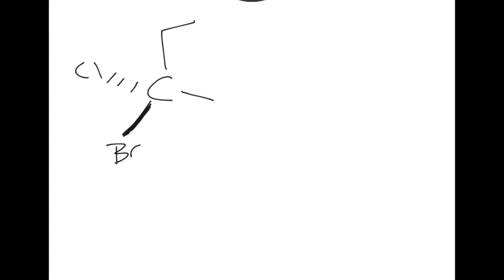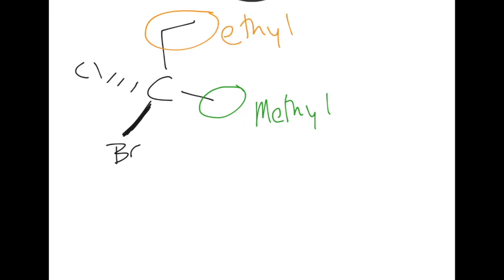Even though it's bonded to two carbons, you're looking at the whole thing. So you've got a methyl over here versus an ethyl, right? Those two groups are different. So even though there is a carbon bonded to that central carbon, you're looking at the fact that it's a methyl versus an ethyl. So those count as two different groups.